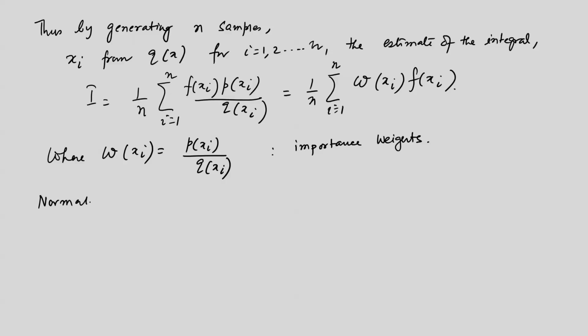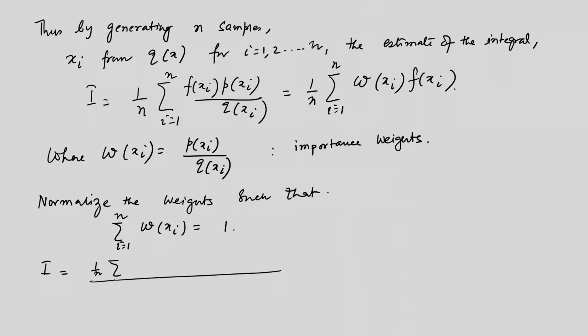So, this is a ratio of the old probability distribution, which is uniform or taken from another distribution, and q(x) is a new distribution. So, it is the ratio of that, and we have to normalize the weights such that the sum over i equal to 1 to n of w(x_i) becomes equal to 1, in which case we can write down this integral as simply 1 over n, sum over i equal to 1 to n.